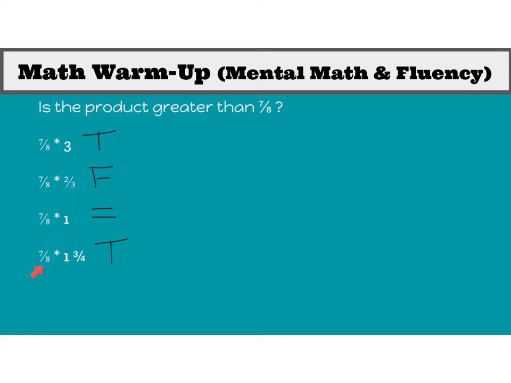And then our last one, 7/8 times 1 3/4, that one definitely would be larger than 7/8 because we're multiplying again by a whole number and a fraction that's pretty close to another whole.